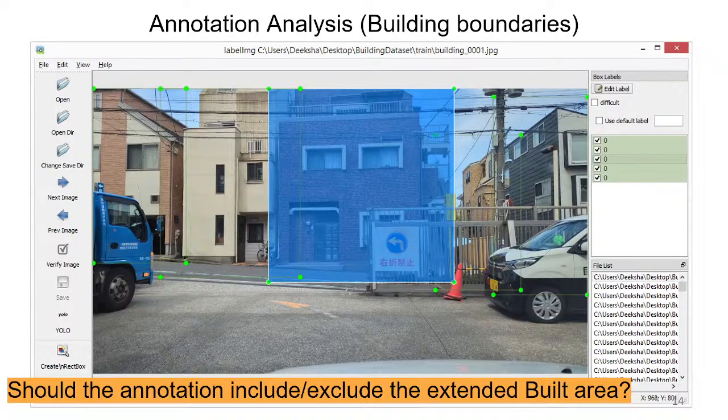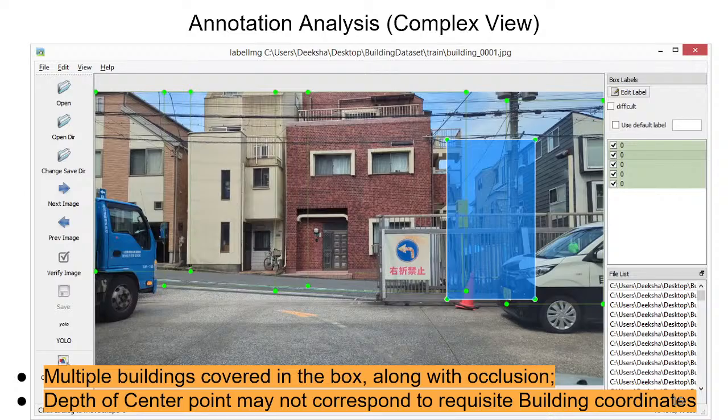Then there may be cases where street furniture may block the view, or there may be extended built-up parts, for example a balcony. Should we cover that as a part of the facade? In some cases, you may have glass applied to balconies as well. So we need to take that kind of decision. Then there may be cases where one box covers multiple buildings, and we cannot clearly say which building it is referring to.